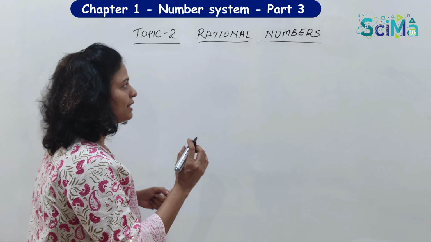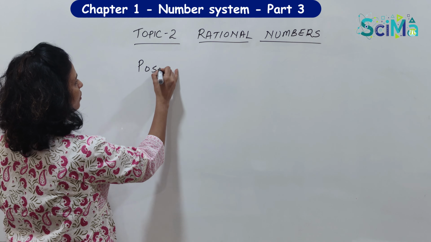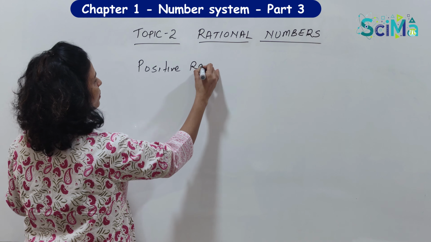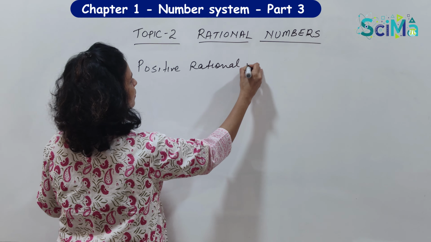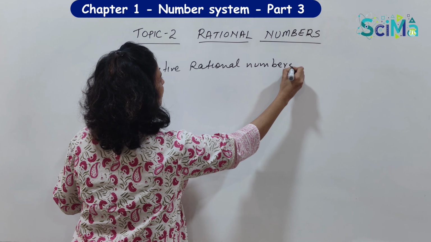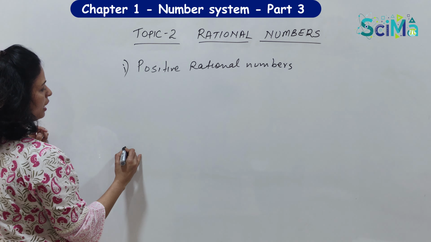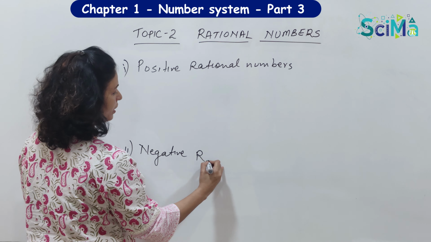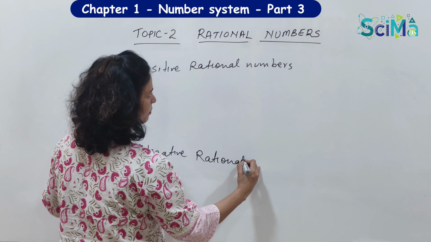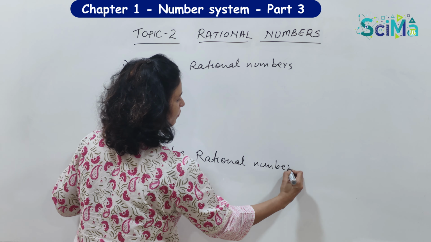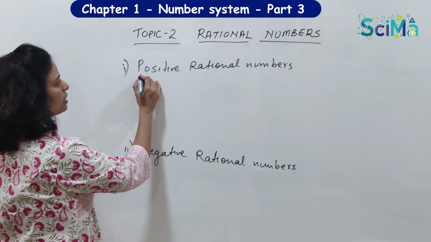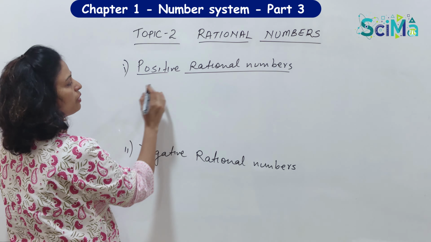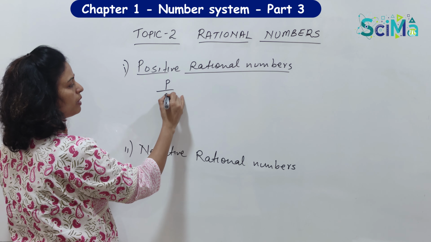Okay, now we'll study positive rational numbers and negative rational numbers. So how do we write positive and negative rational numbers? We should know. Now the positive rational numbers, we know rational numbers are written in the form of p by q.